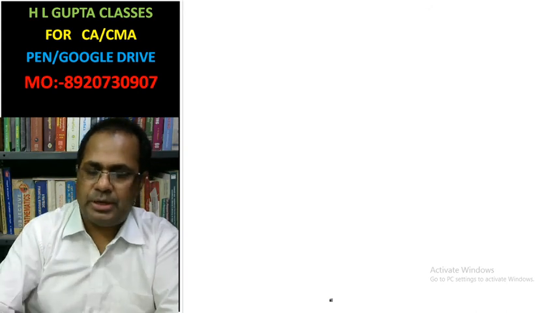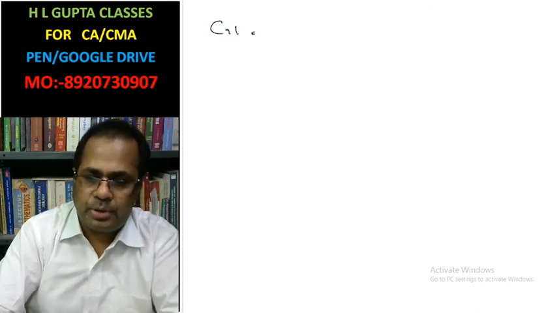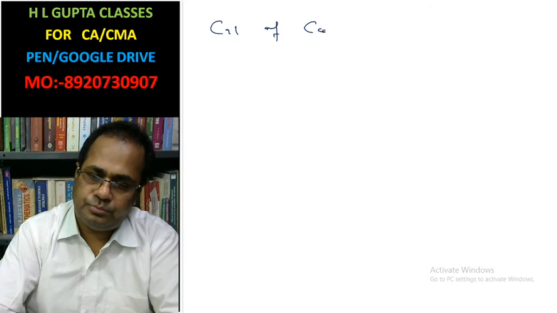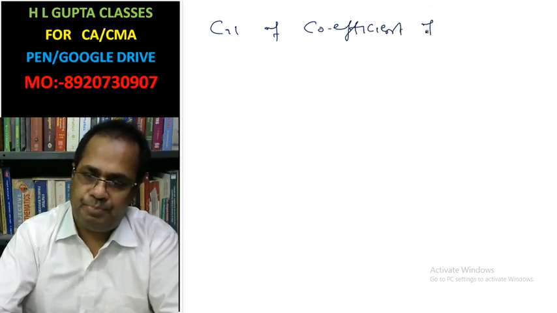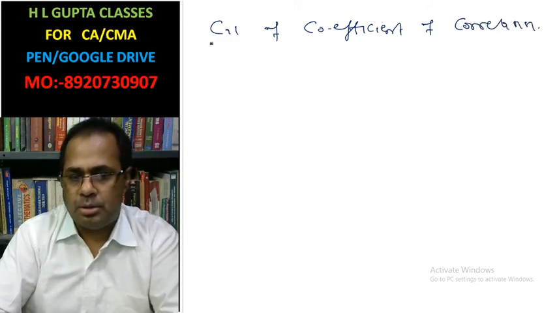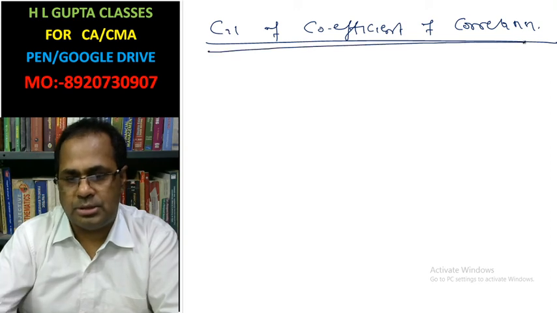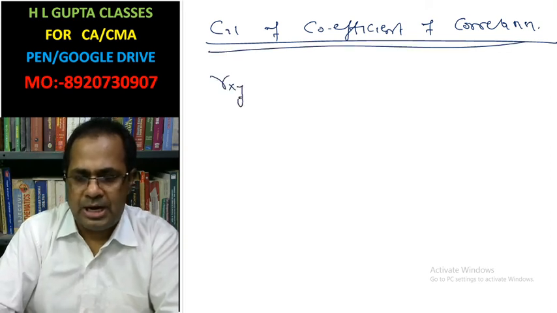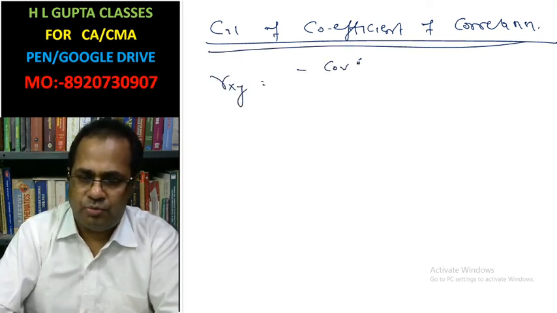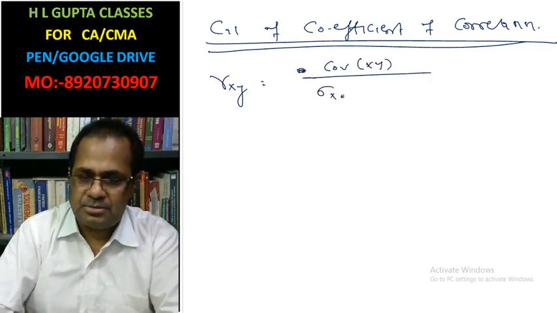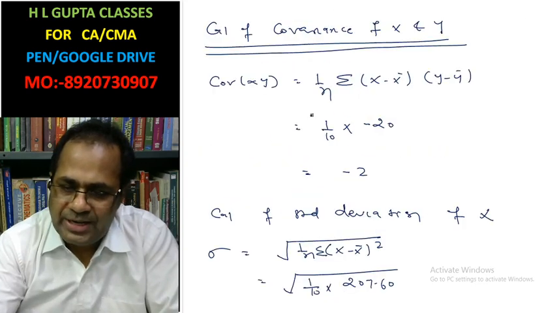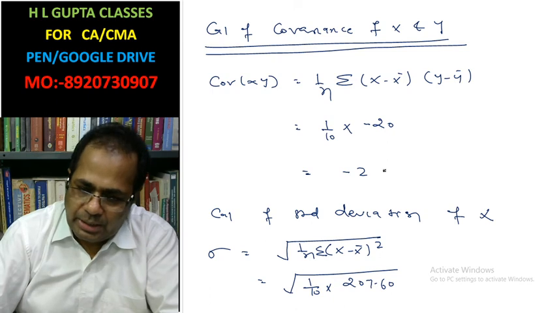Now you have to calculate the coefficient of correlation. Coefficient of correlation rxy equals covariance xy divided by standard deviation x into standard deviation y. What is the covariance of xy? You have calculated minus 2.